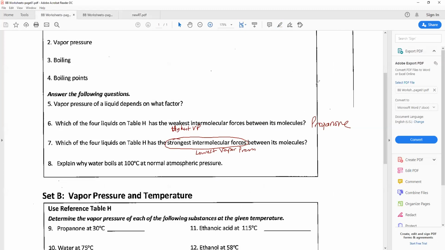And we're going to write ethanoic acid. Explain why water boils at 100 degrees Celsius at normal atmospheric pressure. It's what we said before, because the vapor pressure of water equals the atmospheric pressure.